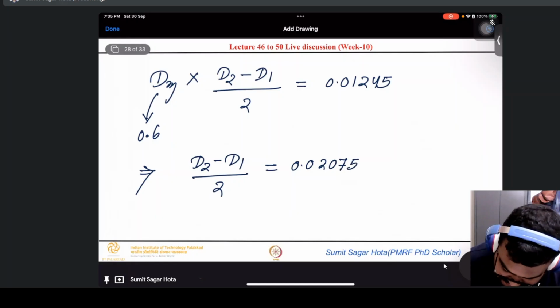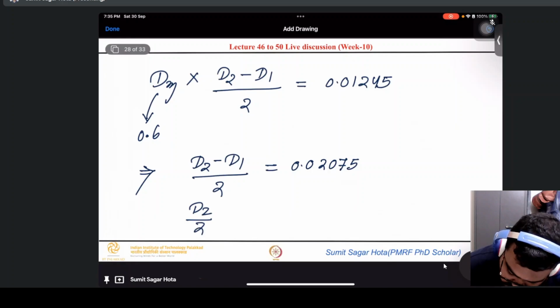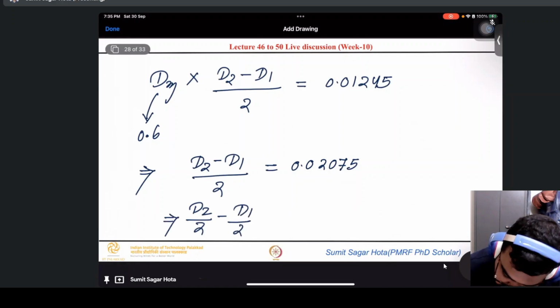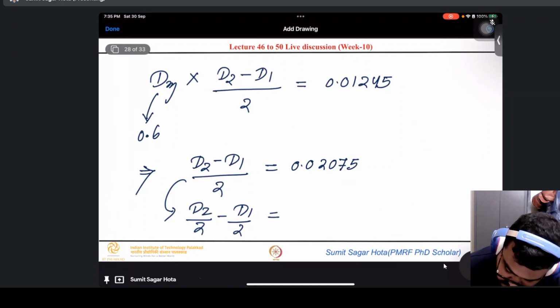And what exactly is this d2 minus d1 by 2? That means you can write it as d2 by 2 minus d1 by 2. Then what is d2 by 2 and d1 by 2? Your r2 minus your r1.